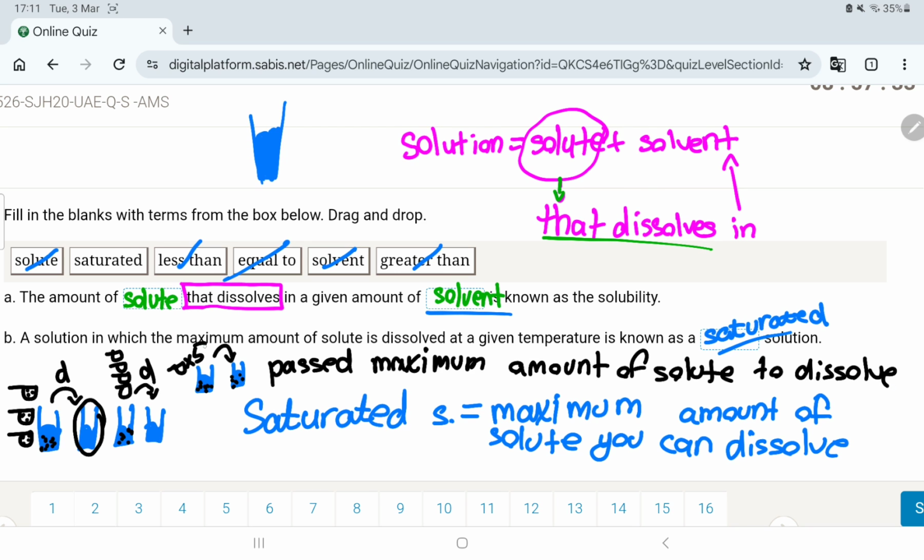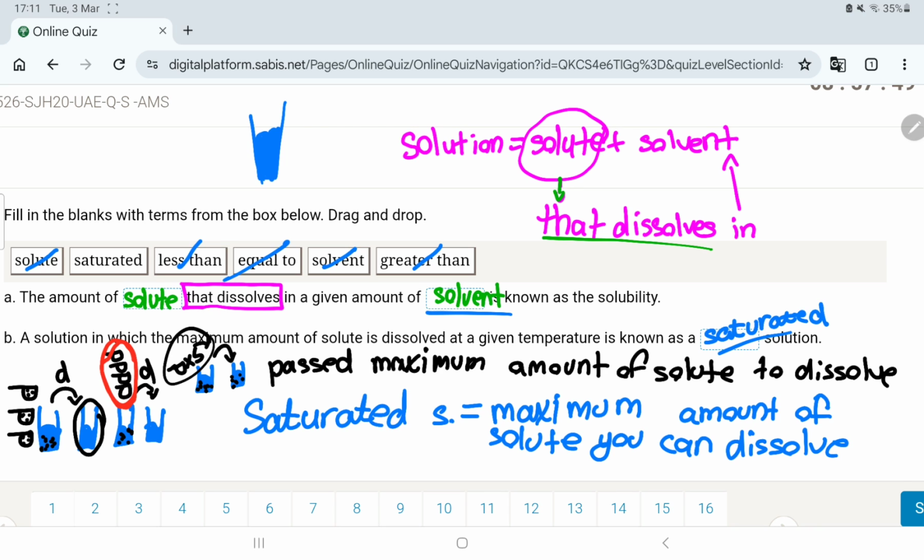So why didn't it dissolve with 5? It's because you passed the maximum amount of solute that you can dissolve. So what is the saturated amount here? 4. 4 is the maximum amount of spoons you can dissolve in water.